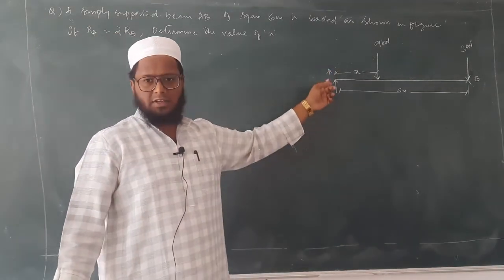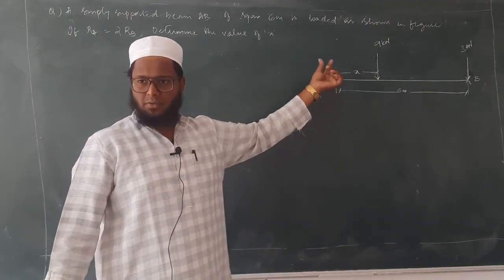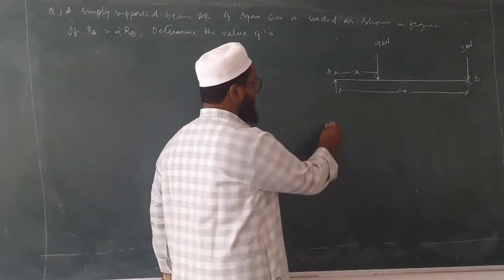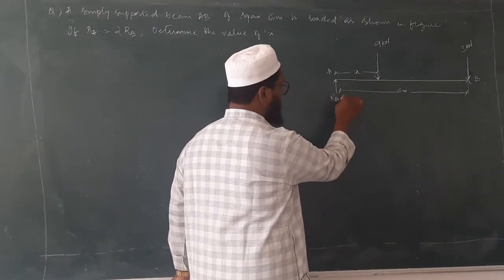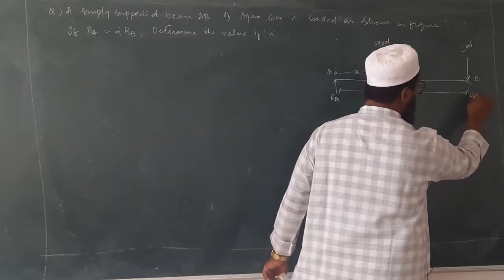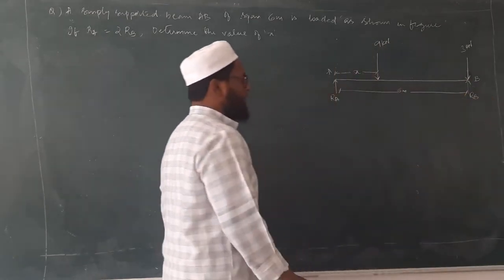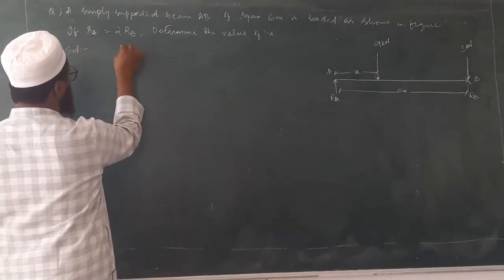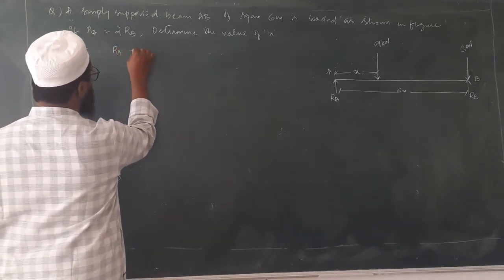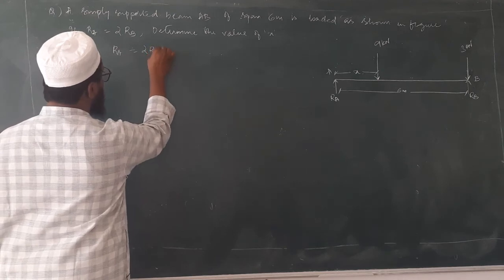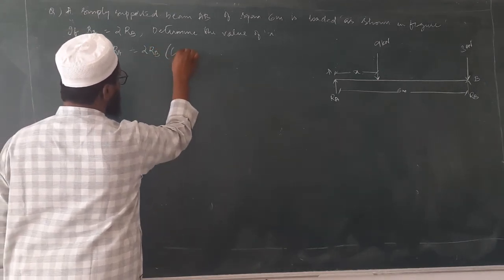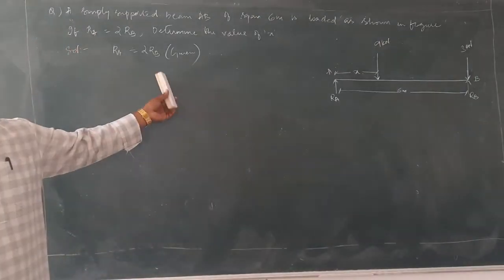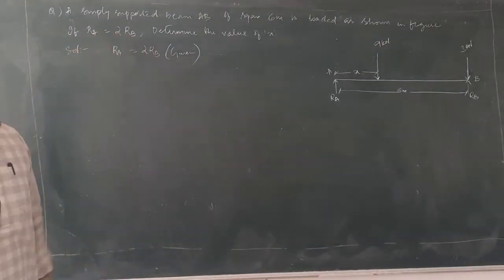They have not given simply support or roller support directly. They have provided arrows, that is reactions. So we'll name it as RA and RB. The given condition is RA is equal to 2 RB. It is given in the question itself.